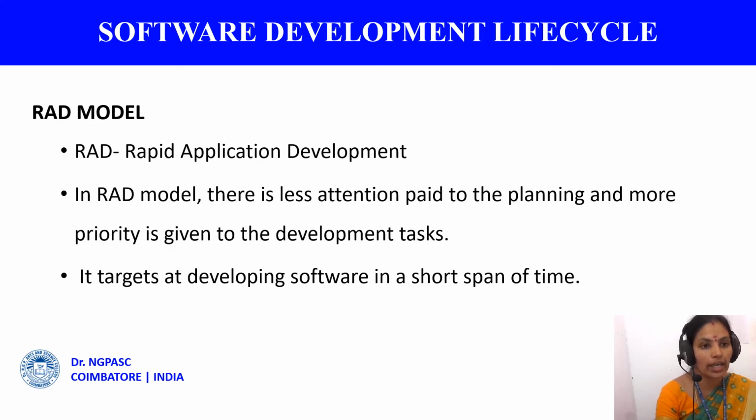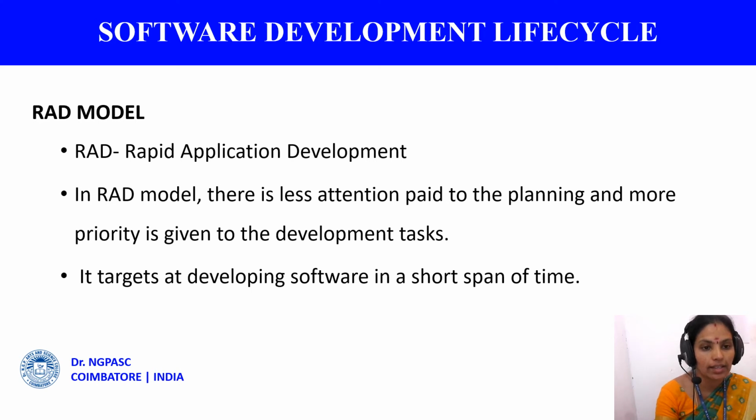Next one is the RAD model. It is called Rapid Application Development. In this model, we pay less attention to planning and more attention, that means more priority, to development tasks. So we don't need that much planning in the RAD model. We go only for the development task.